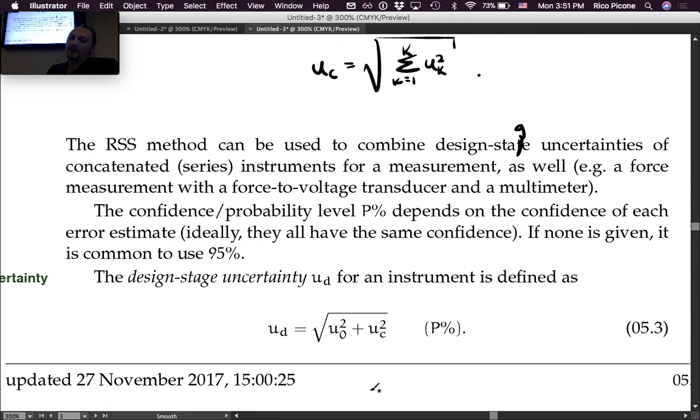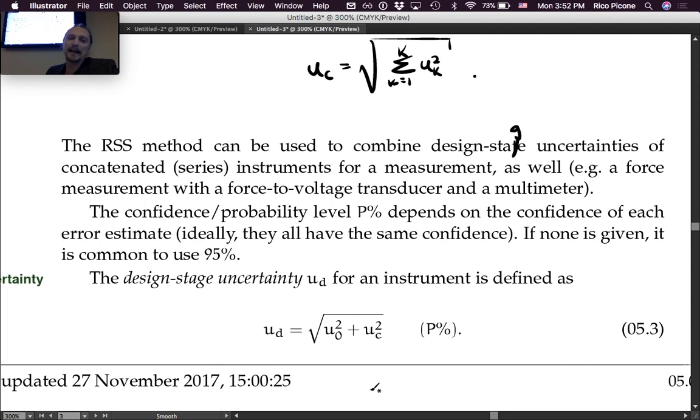So you take the root sum square of the zero stage uncertainty based on the resolution of the device, and you combine it with the device uncertainty. So that is our design stage uncertainty value.